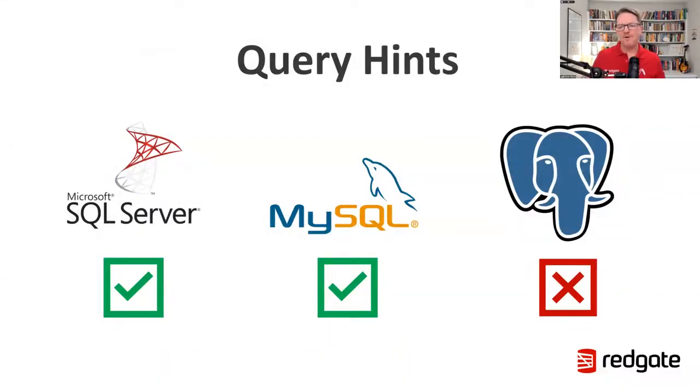Now, a couple quick things that Postgres doesn't have, and I put these in here because we have gotten so used to them as SQL Server developers, and it does tend to surprise us when they don't exist. The first one that I always point out is query hints. Postgres has been developed over the last, as I said, 25 plus years in the form that we currently know it today. And that entire time, it's been developed by an open source community of committed developers into this code base.